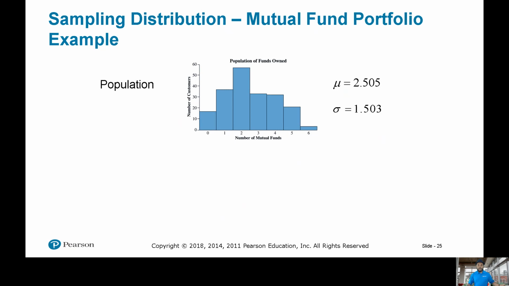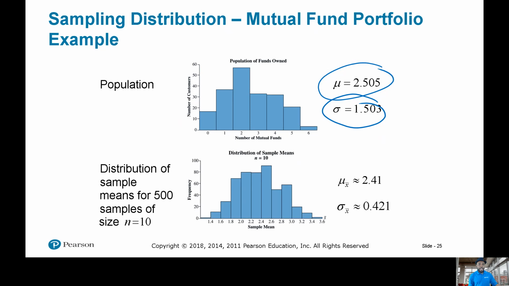Now let's look at a different example, a mutual fund portfolio example, which is in your textbook. Looking at the distribution of the data, we have a mean of 2.505 and a standard deviation of this. Let's assume we draw 500 samples, where each sample is of size n.